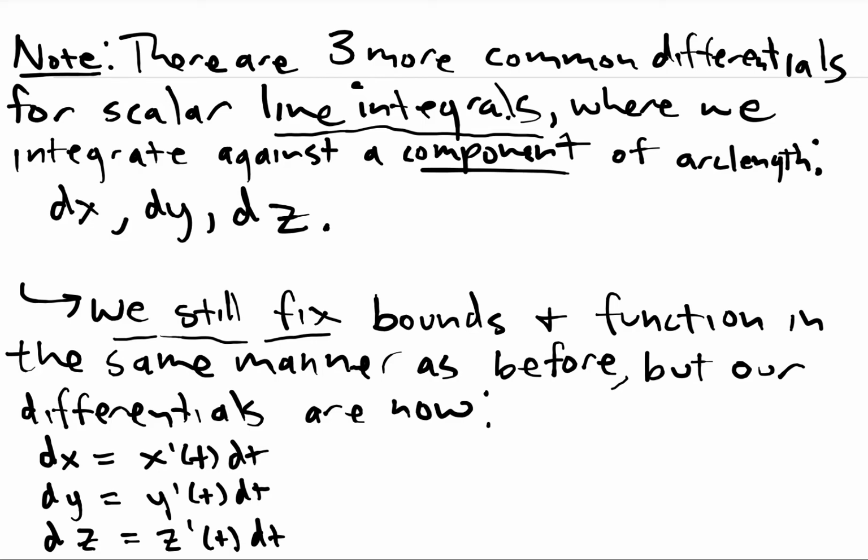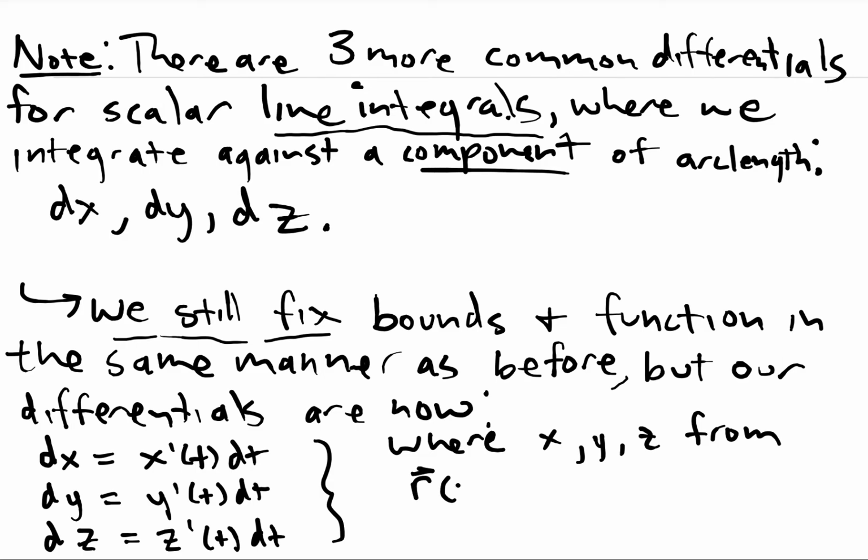And what I mean by this, I'm assuming my x, my y, my z are from my parameterization, right? So if I say x, y, or z, this is where these things are coming from.